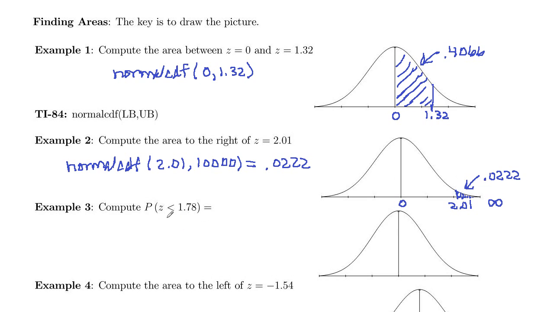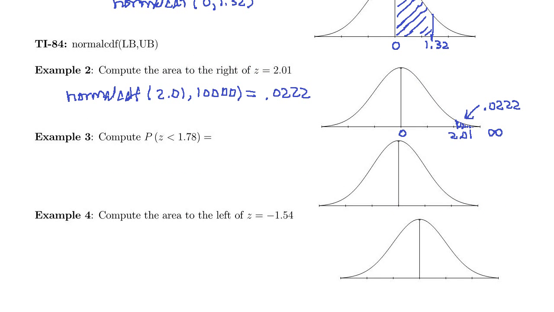Next, they're asking us to compute a probability. Remember that uppercase P stands for probability. So they want us to compute the probability that a randomly selected z-score would be less than 1.78. So z equals 0 would be here in the middle, 1, 2, 1.78 would be about right there. And the probability that z is less than 1.78 is going to correspond to area.